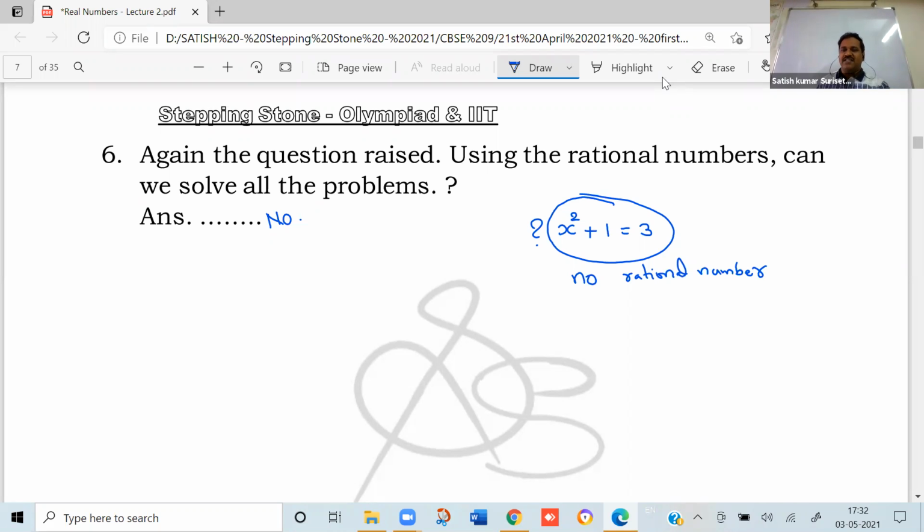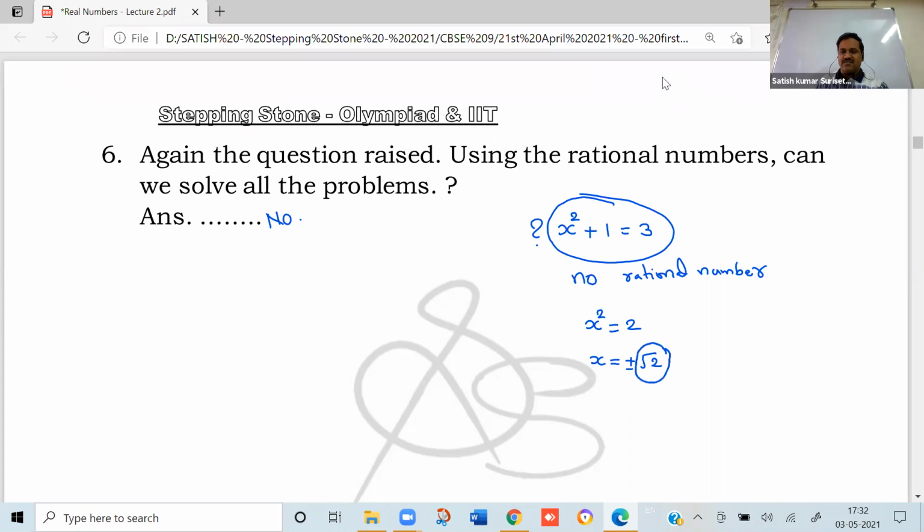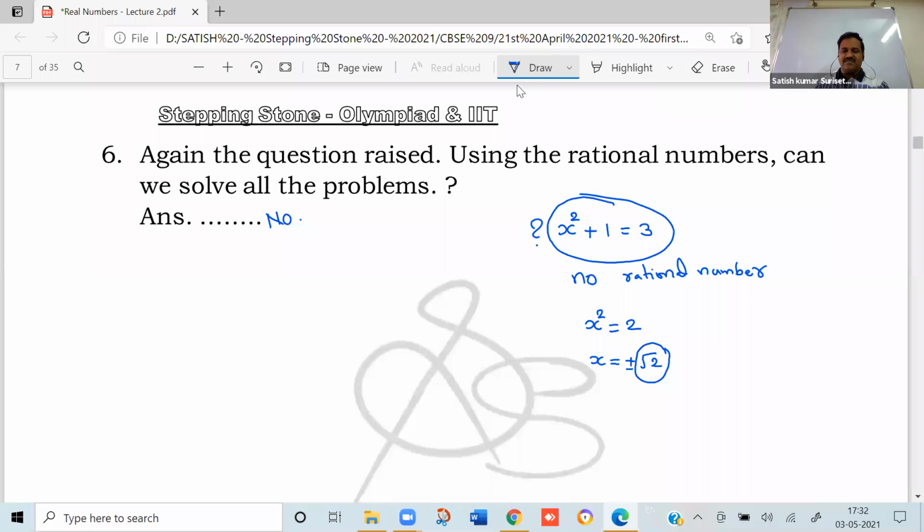So mathematically, you will write x square equal to 3 minus 1, which is 2, and x equal to plus or minus root 2. This you read as the square root of 2. Now this is not a rational number. Now, how to prove mathematically that root 2 is not a rational number?